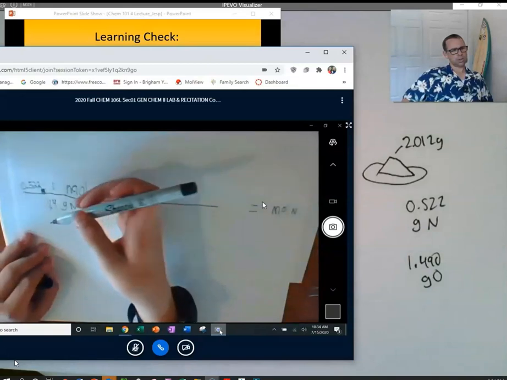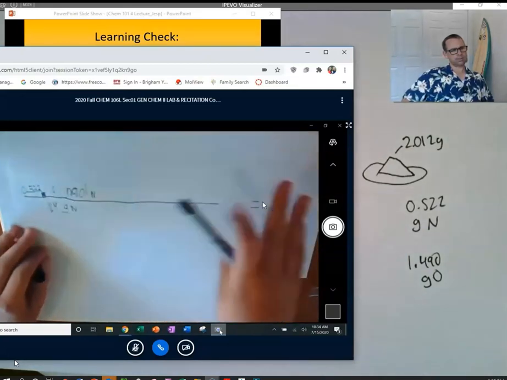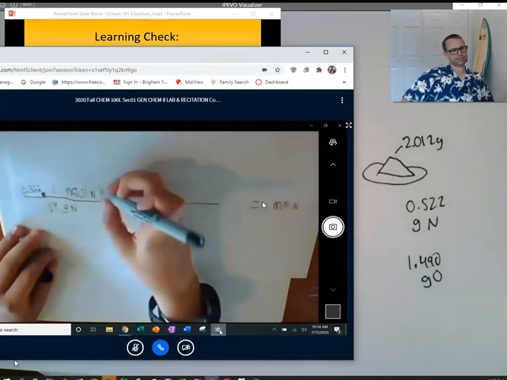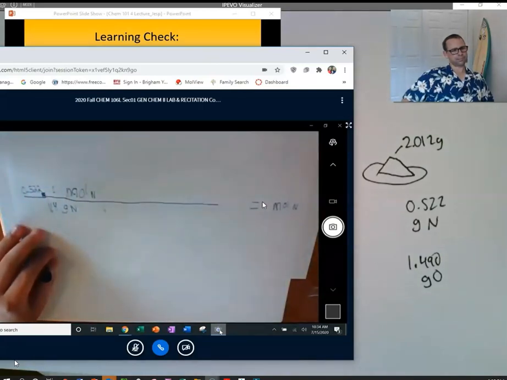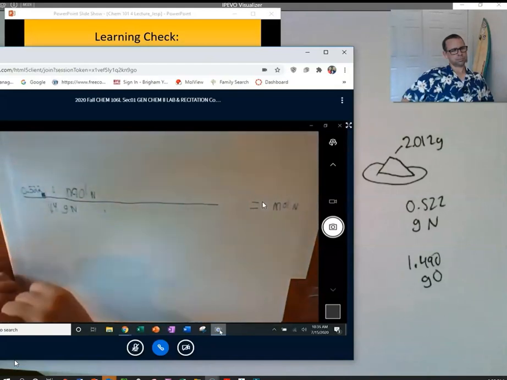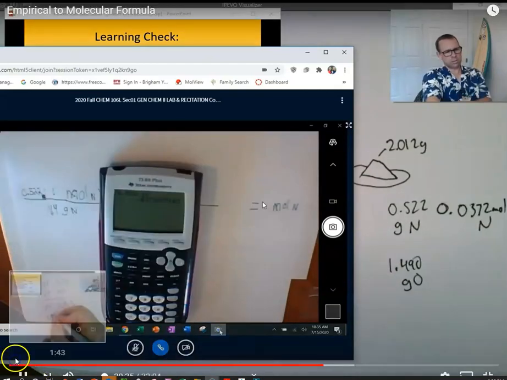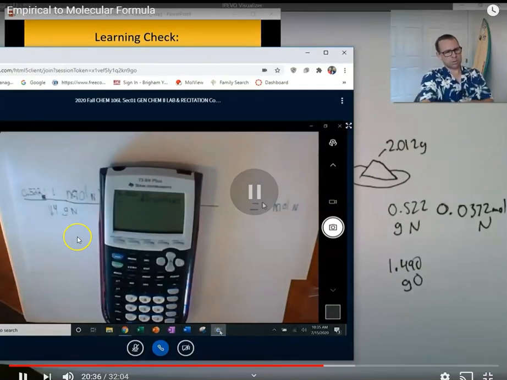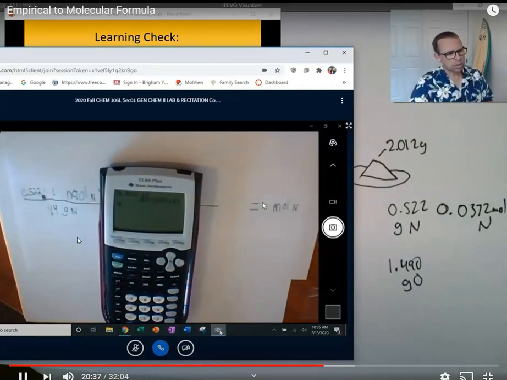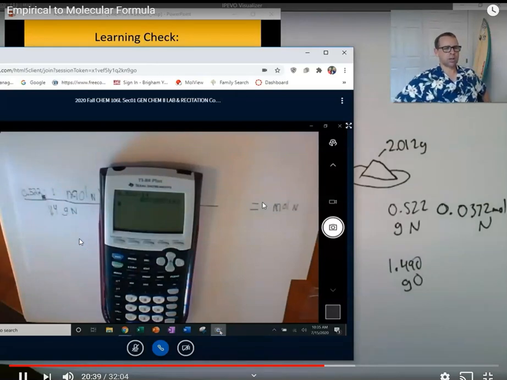That's on the periodic table. So if we take our 0.522 divided by our 14, that'll give us moles of nitrogen. Very good. 0.0372 moles. Very good. 0.0372 moles of nitrogen.